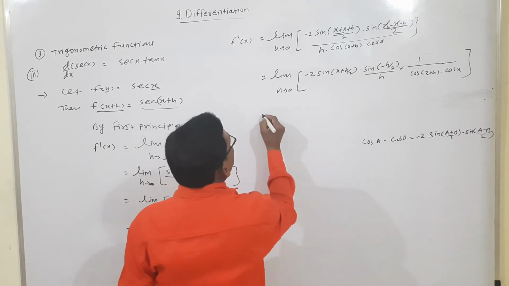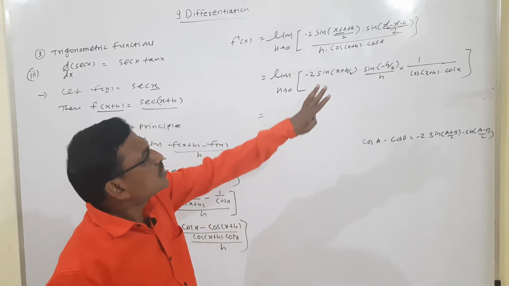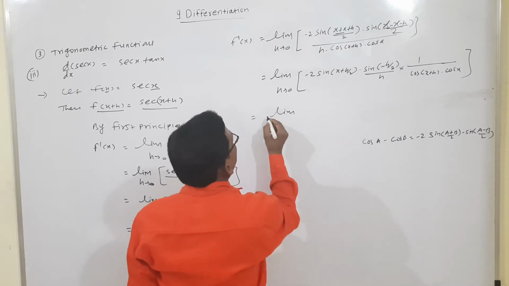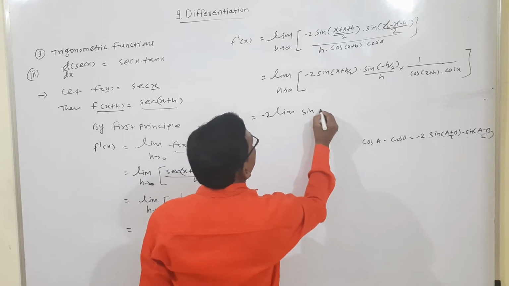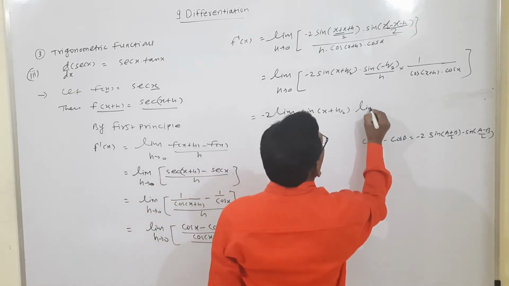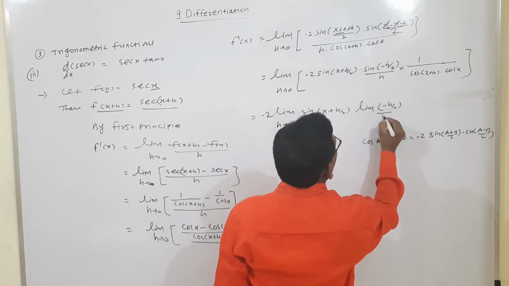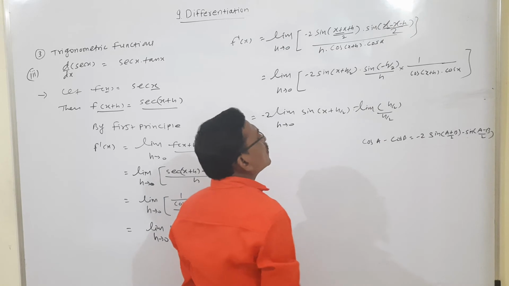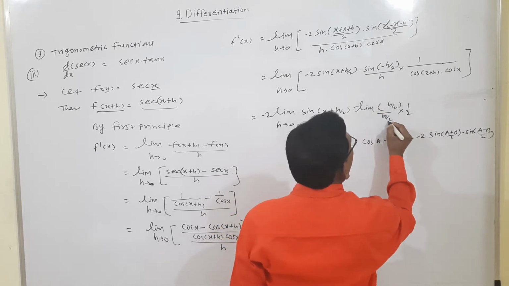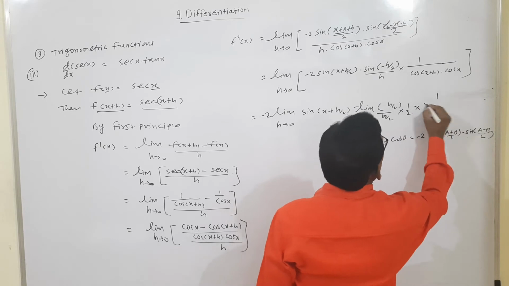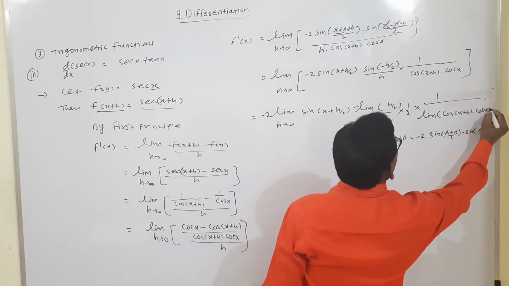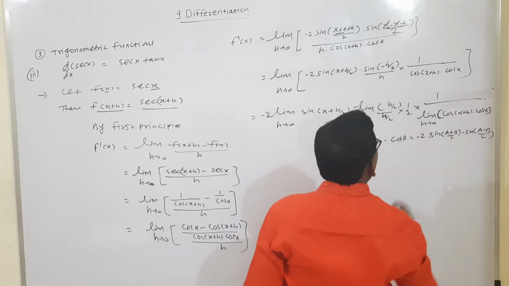Now we take the limit separately. Take this minus 2 here: minus 2 into the limit of sine of x plus h by 2 as h tends to 0, into the limit of minus h by 2 upon h by 2, into 1 upon the limit of cos of x plus h into cos x as h tends to 0.